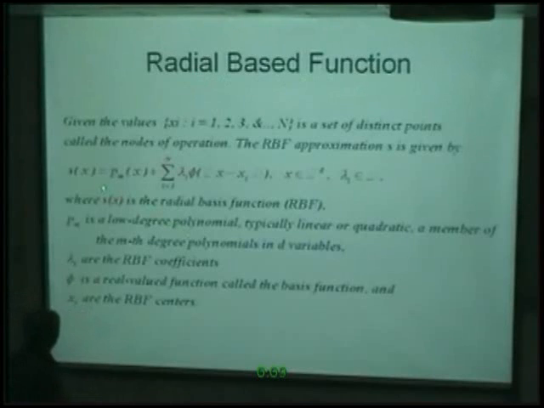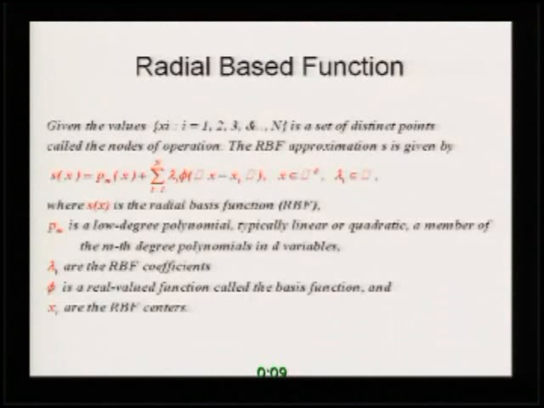The radial base function means that you write a function that is based on the position x, and this x to its neighbor. From x to its neighbor is related by a lambda times a phase function.